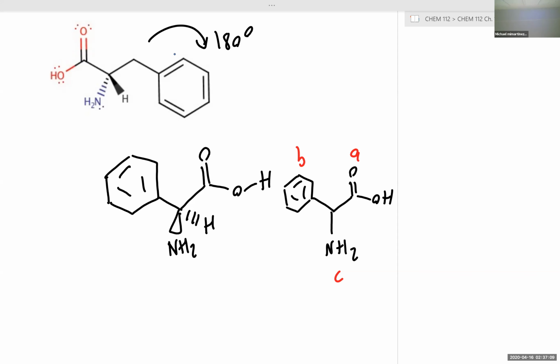And let's be really careful about this. I'll give you a hint. This is an amino acid. The amine gets priority 1 because we're comparing nitrogen versus carbon, and nitrogen wins out. Does that make sense to everyone? Remember, we're always focusing on the atom directly attached to the chiral center.